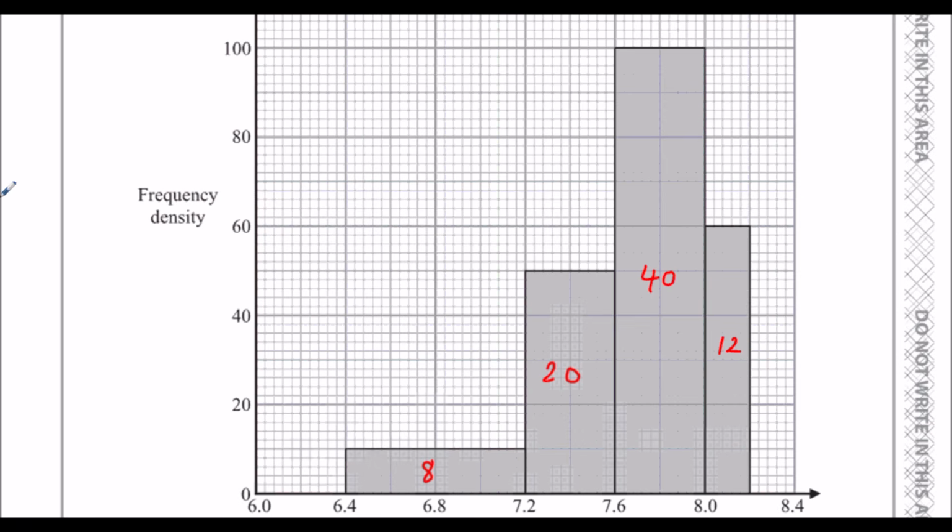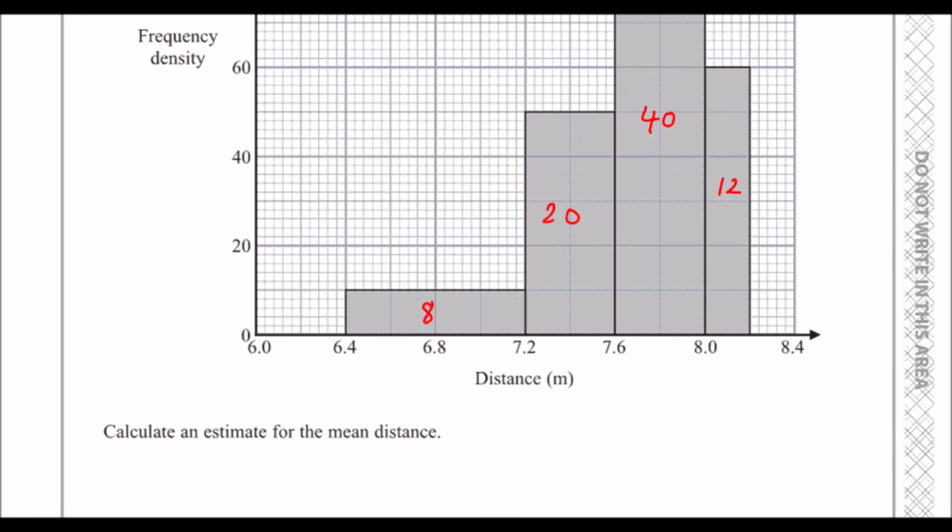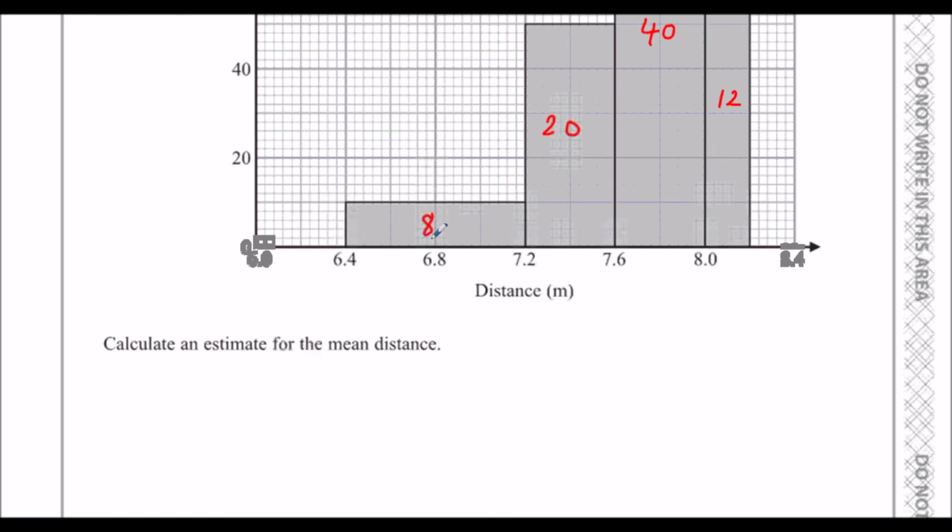So now we know the frequencies. So we do midpoint times frequency. So 6.8 times 8, 7.4 times 20, 7.8 times 40, and 8.1 times 12.